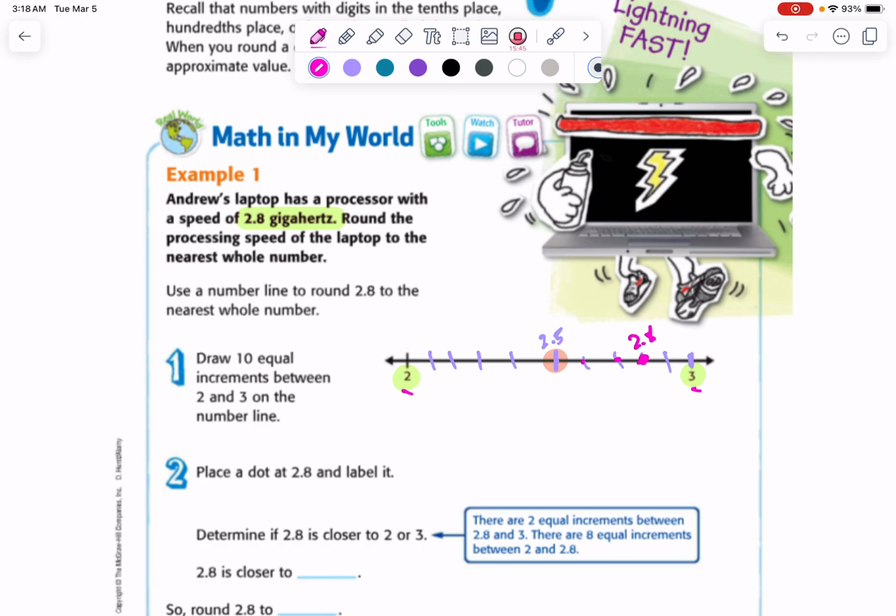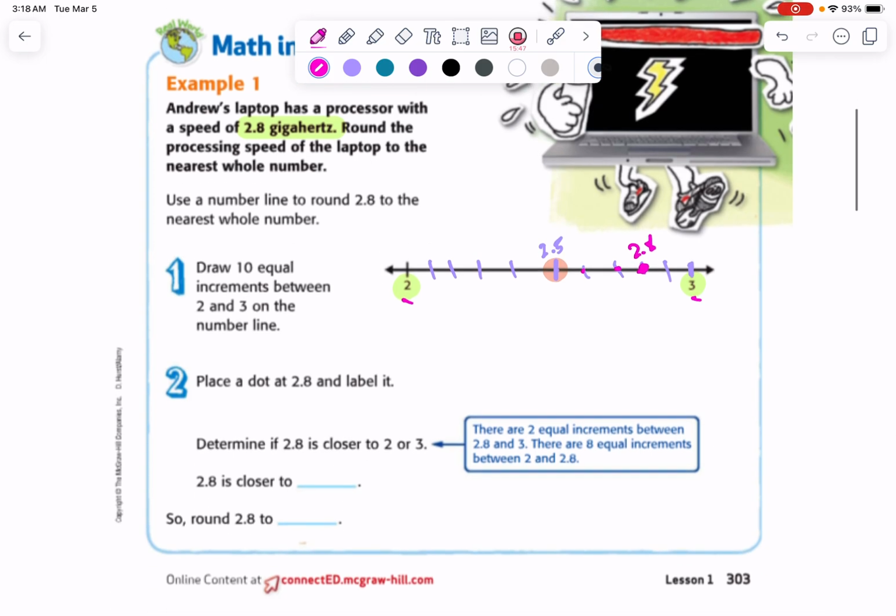Well, yeah, it's closer to 3. So if we were to round 2.8, it would round to 3. Remember, in math, we can also write that as 2.8 is congruent to 3. Congruent means about the same as 3.